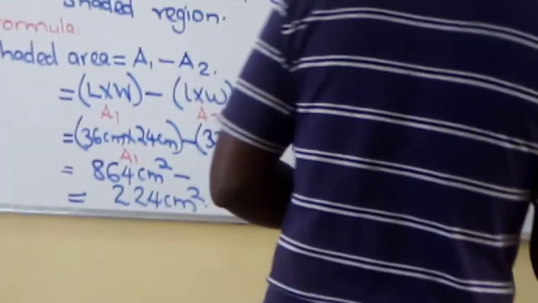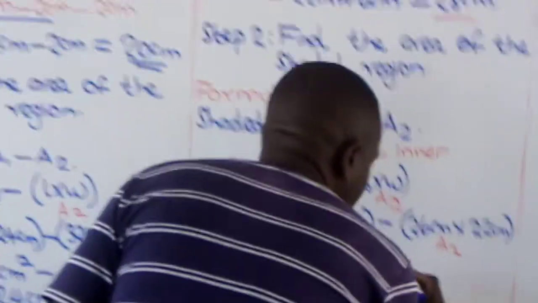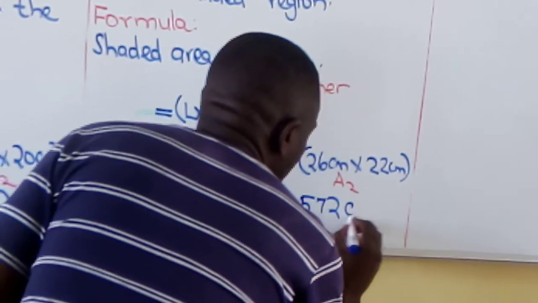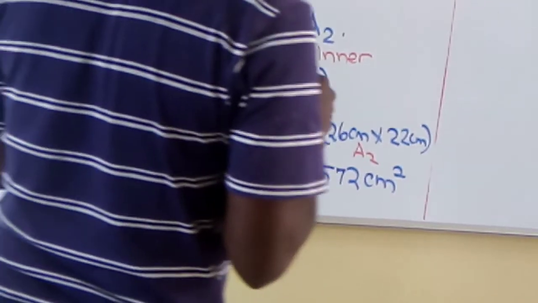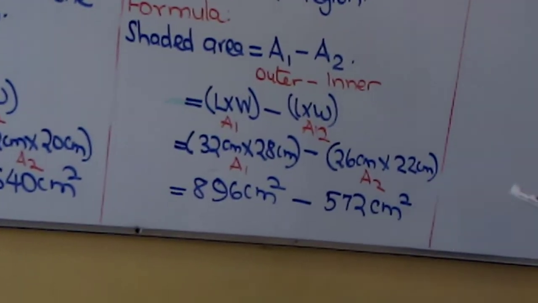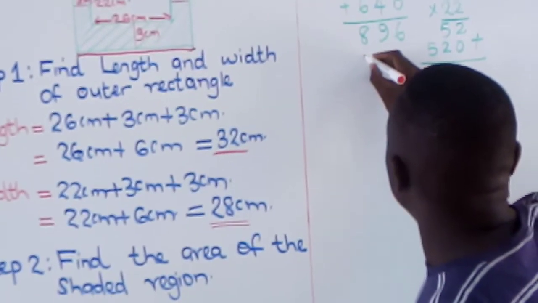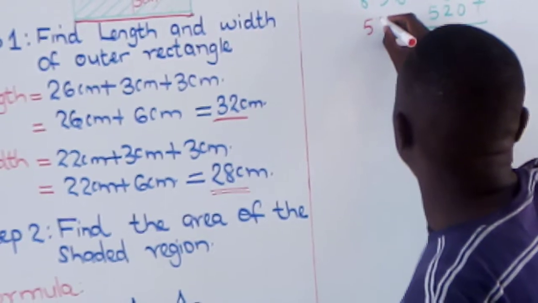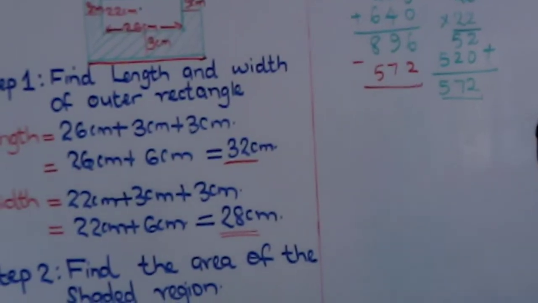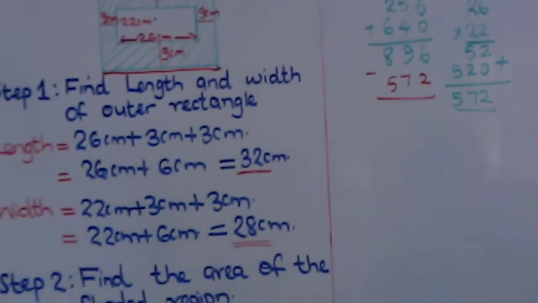So that is the answer here of the inner. That is 572 square centimeters. Remember, that is area 2. So we subtract from the outer area. We subtract from the outer area.